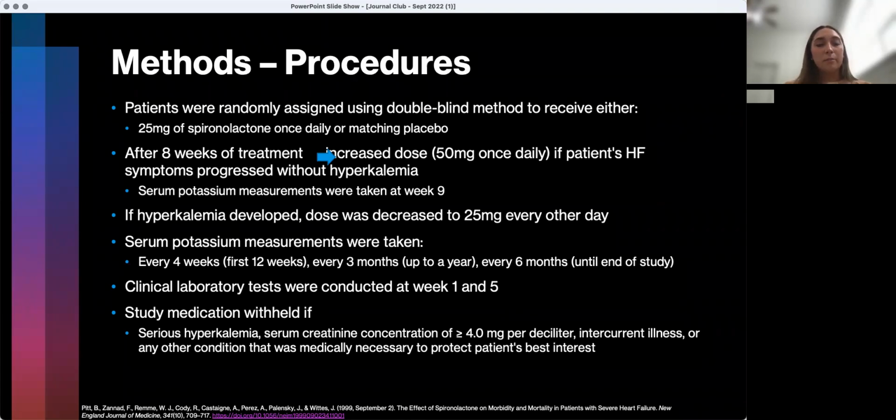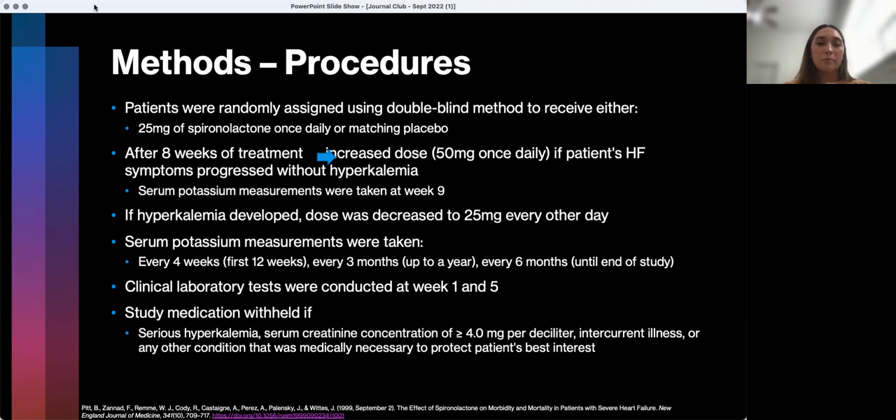And then if hyperkalemia developed, the dose was decreased to 25 milligrams every other day. As for serum potassium measurements, they were taken every 4 weeks for the first 12 weeks, then every 3 months for up to a year, and then every 6 months until the end of the study. There were also clinical laboratory tests conducted at week 1 and week 5.